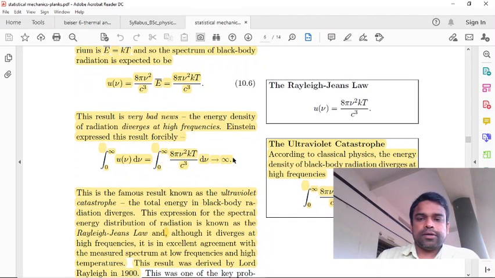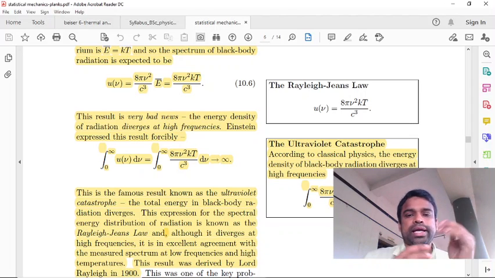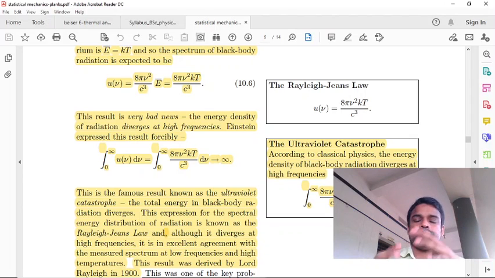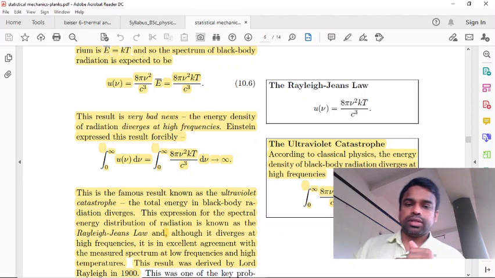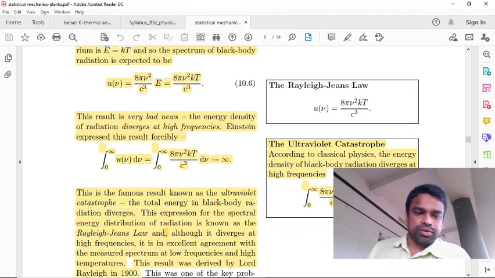The energy density of black body radiation diverges at high frequencies. This is known as the ultraviolet catastrophe, that we have got from the Rayleigh-Jeans formula. We have reached the ultraviolet catastrophe, that is, the energy density of black body radiation diverges at high frequencies.